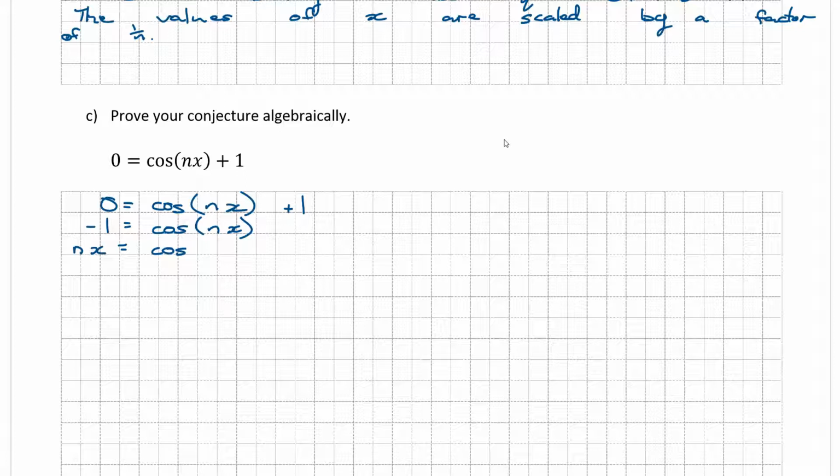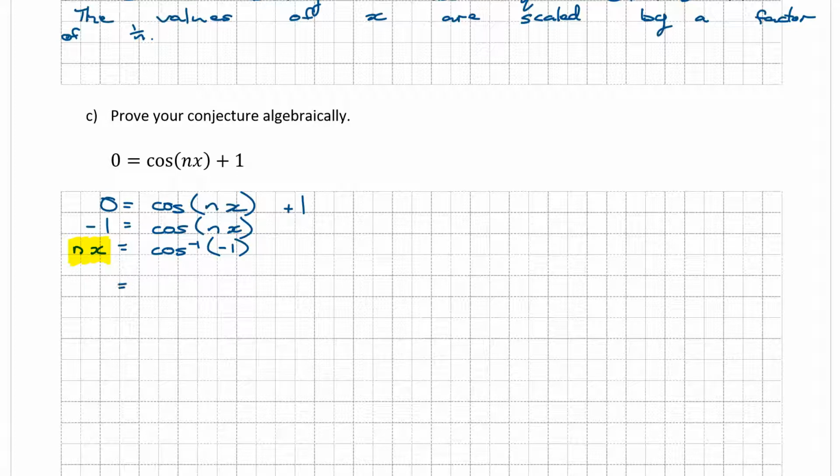And then the inverse cosine of -1. Now, what we could do is we could have an interim variable, so we could say let theta equals nx, or we can just assume that these come as a package deal and we'll keep them together.